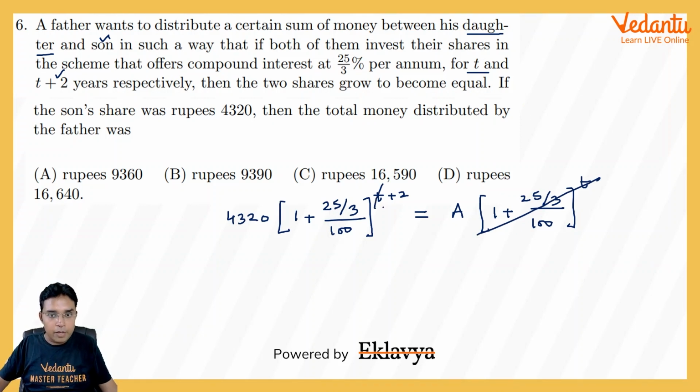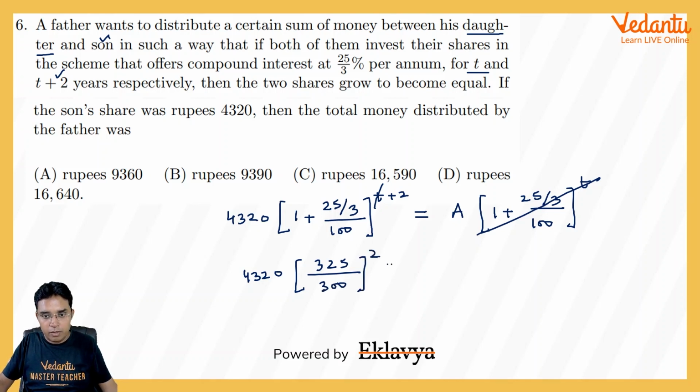So this 4320 into 325 upon 300, and whole raised to the power 2 will be equal to A. So here A will be equal to 4320 into, I think I can simplify by cancelling by 25. So 25 will cancel 13 times, and 25 will cancel 12 times. So we will be getting this as 169 in the numerator upon 144 in the denominator.